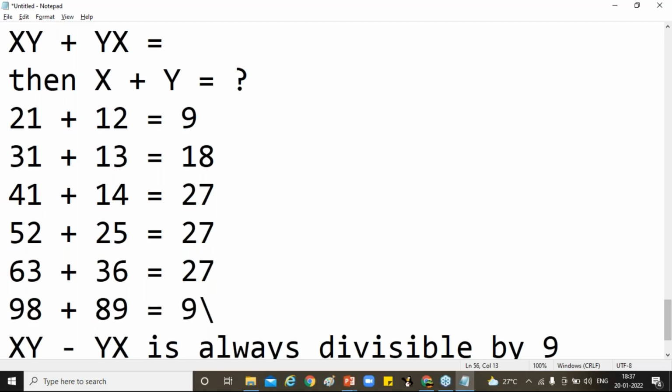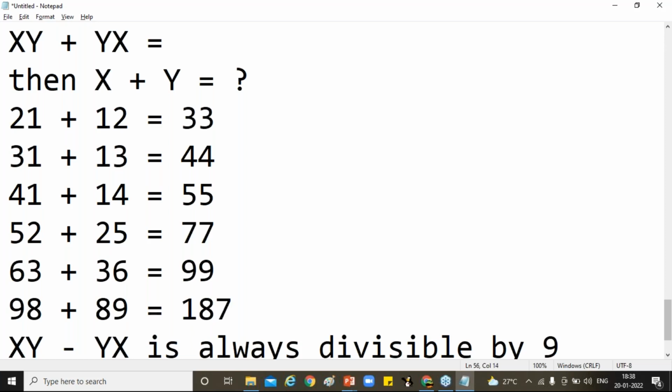All these numbers are of the form xy plus yx. What is the value of 21 plus 12? 33. 31 plus 13, 44. 41 plus 14, 55. 25 plus 52, 77. 63 plus 36, 99. 98 plus 89, 187.